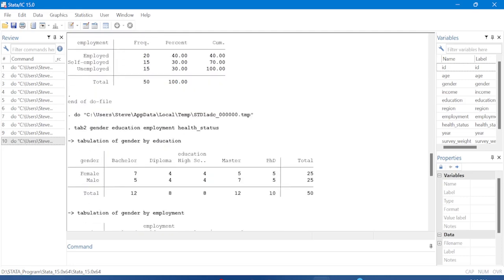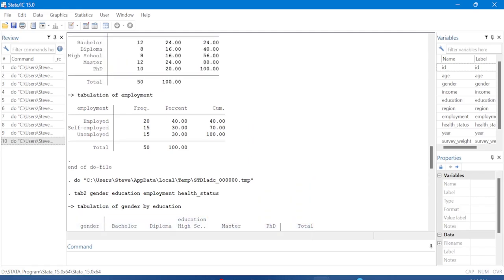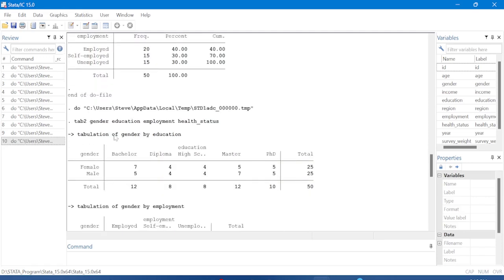And on using tab2, you realize that now it is like a single combined table. But with tab1, if it's employment, it's employment. But with tab2, it will give us one combined table that compares gender, for example, and level of education, and says the tabulation of gender by education.